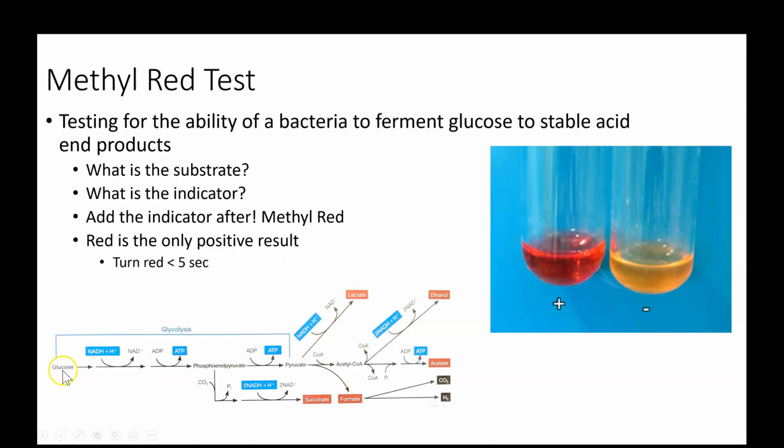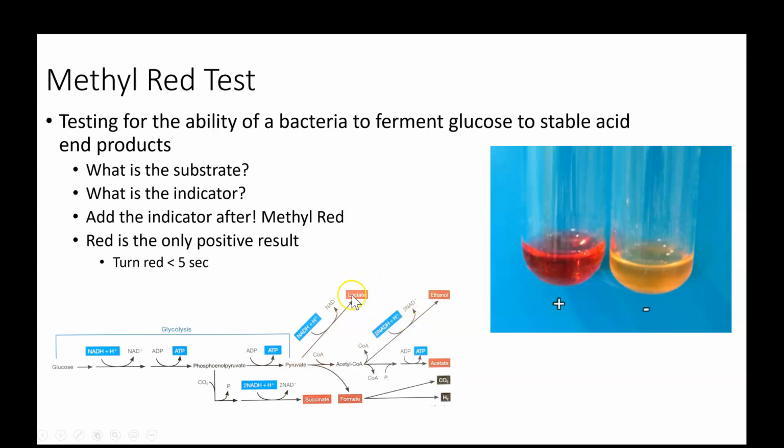So if we look, here's the pathway. Remember, glucose eventually will turn into pyruvate, and we need to get rid of those electrons on the electron carrier. So we're going to turn pyruvate into something else. And those something else are these stable acid end products.